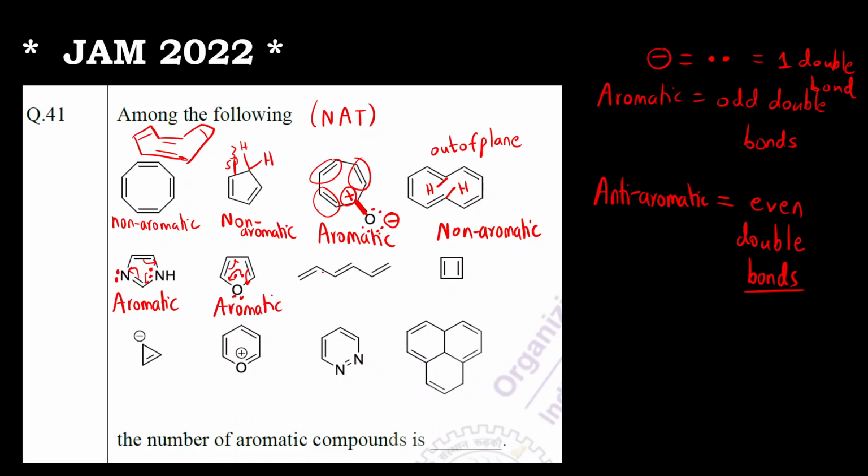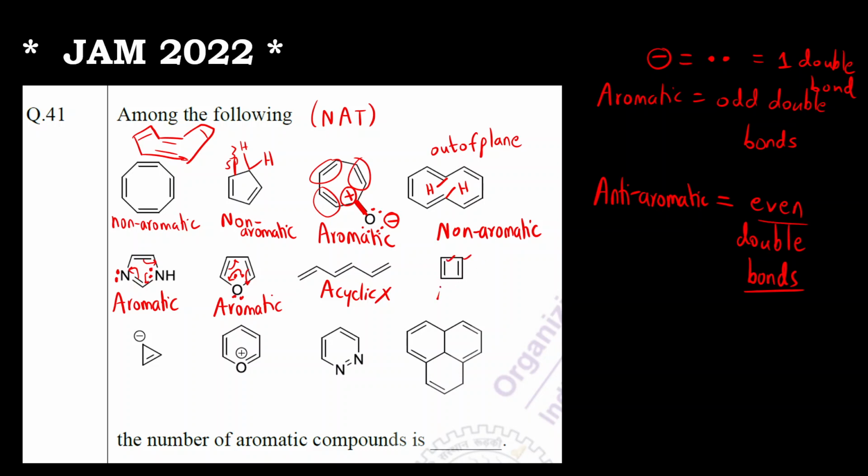Now here, the first condition for finding aromaticity is that it should be cyclic. This is acyclic. Okay, so this is not aromatic, and it is not anti-aromatic either. Here if you see 2 plus 2, 4, that is 2 bonds.